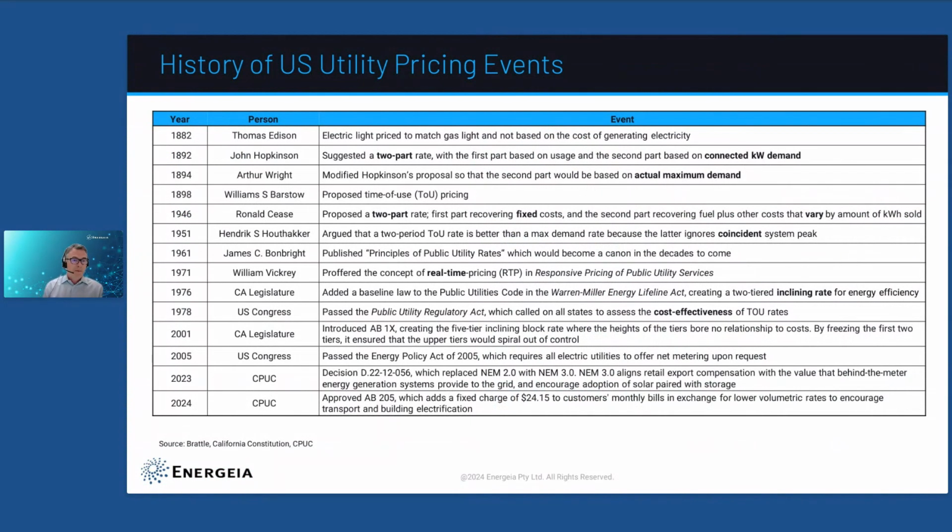From there, we went to the Hopkinson two-part rate, where the second part was based on connected kilowatt demand, which then was modified to be actual maximum demand under Wright. And then ultimately, Houthacker went to a coincident system peak, which is what we generally use today.